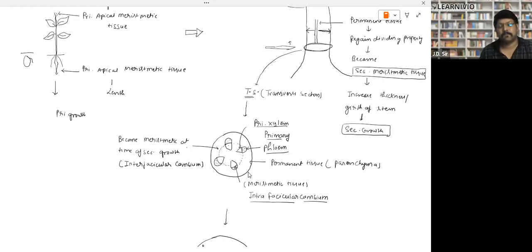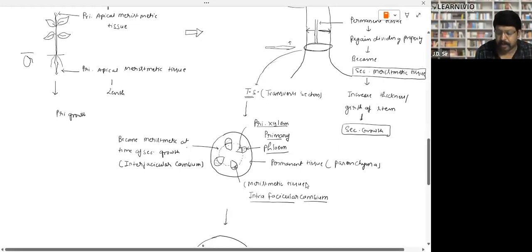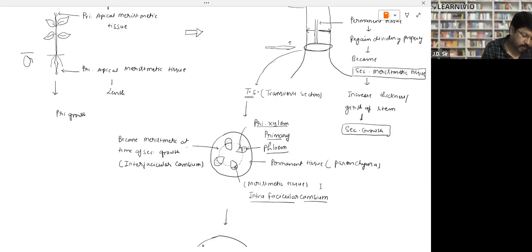In a nutshell, we can say increase in the diameter of a stem is called secondary growth.